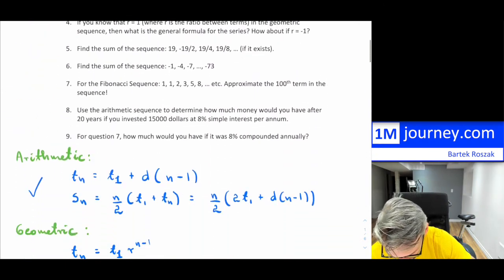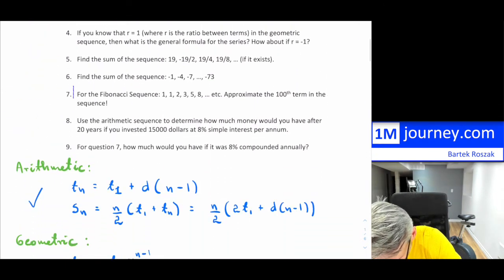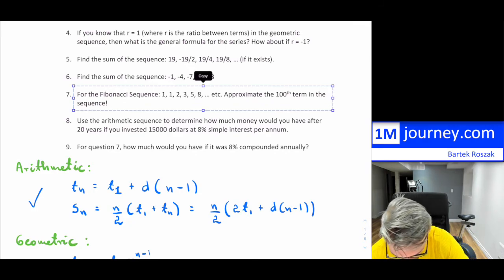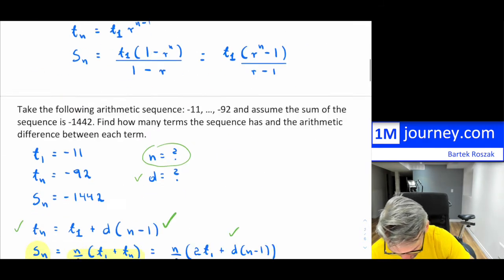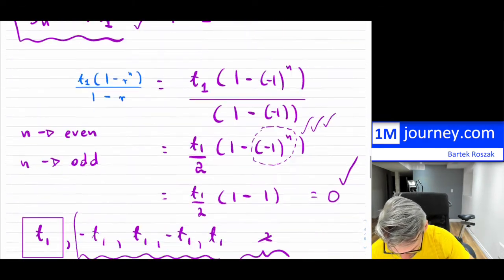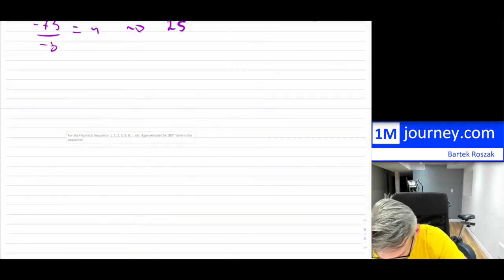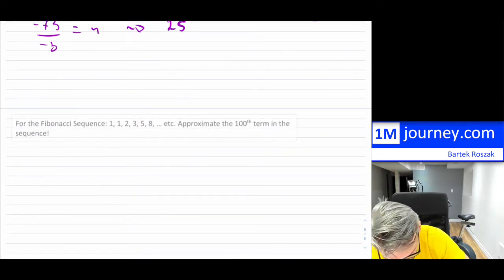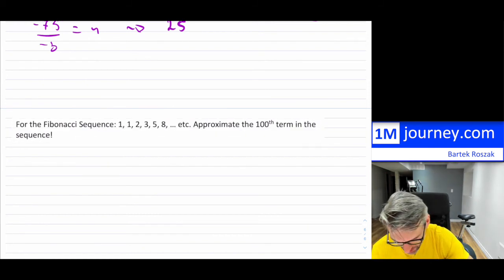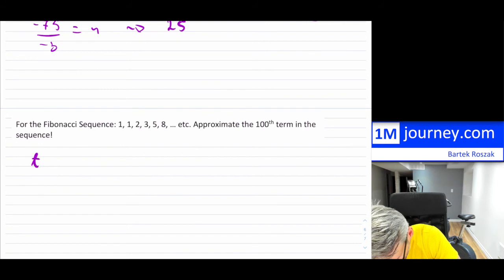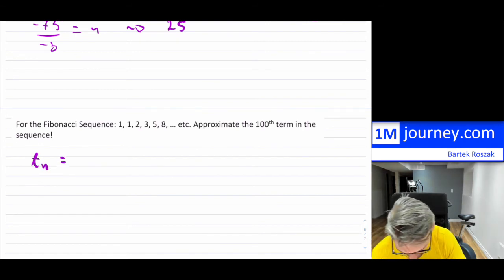What else do they have here? Fibonacci sequence, very nice. Okay, so this is a little bit torturous for those students who don't know how to do this. So the Fibonacci sequence is always Tn is equal to, so this is kind of recursive, right?